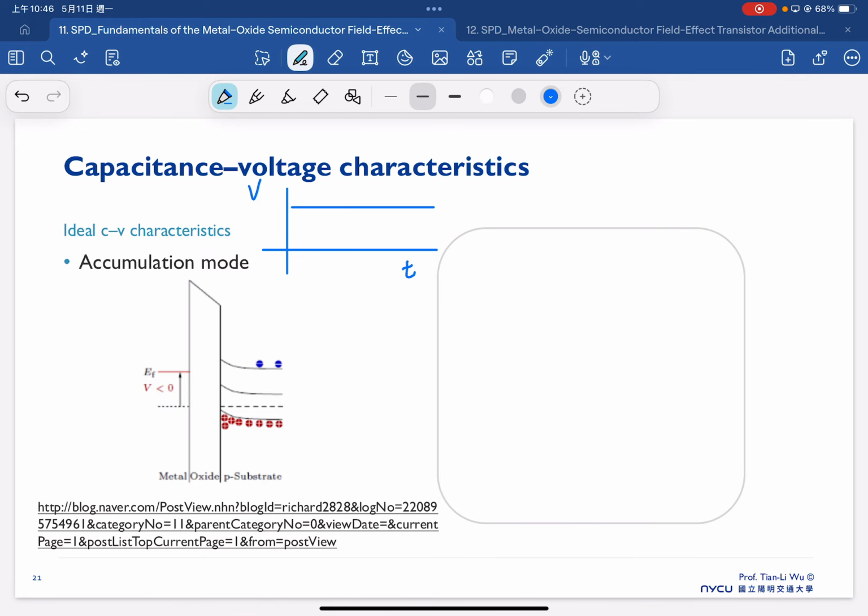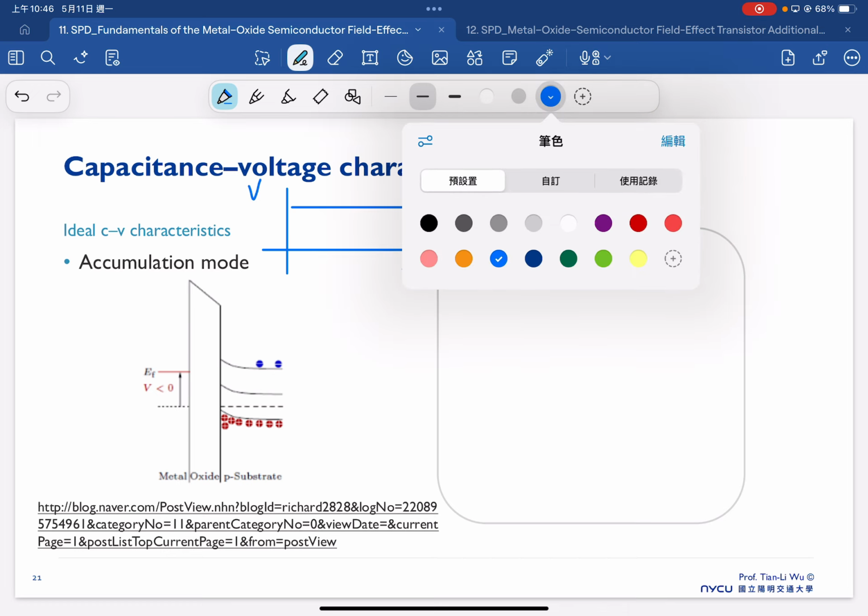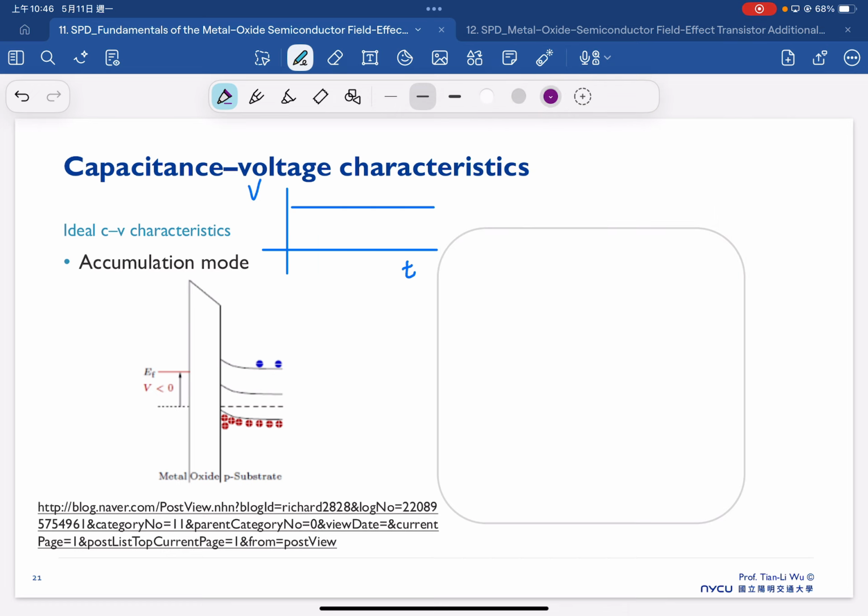But one of the things more unique for CV is that we give one additional AC bias on top of this DC. So with a certain DC, you will see an up and down AC signal on top of it.